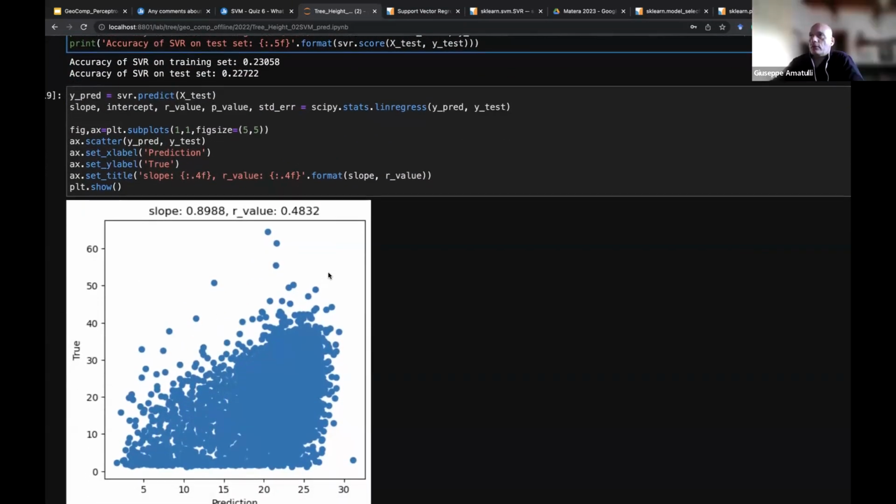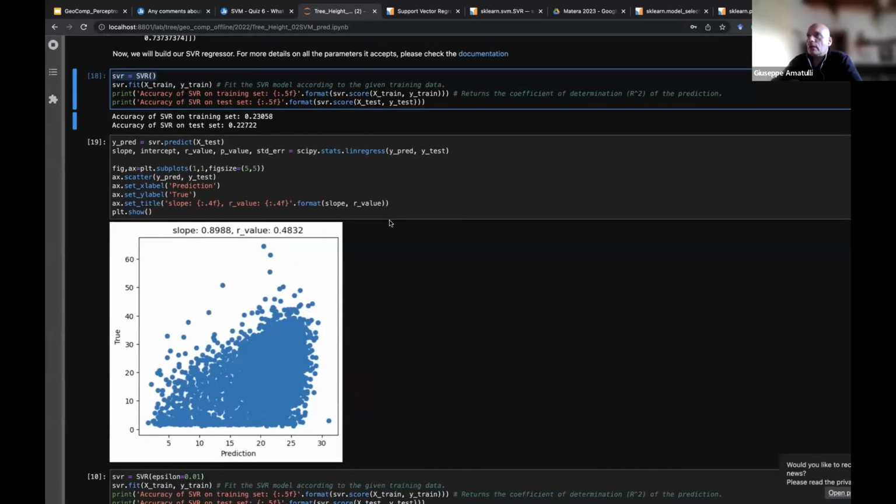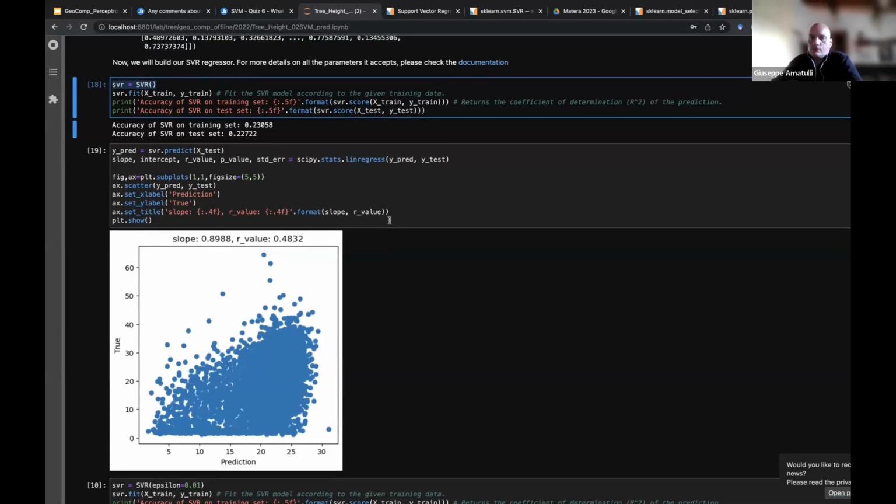I have a question for you guys. What does it mean that the training set is 0.23 and the test set is 0.22? Is it acceptable or not, and why? Antonio said a few words, but he didn't go deep, so I want to.